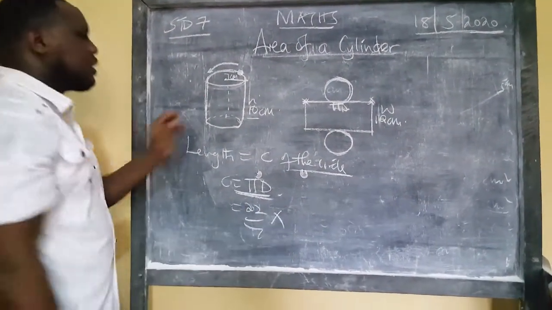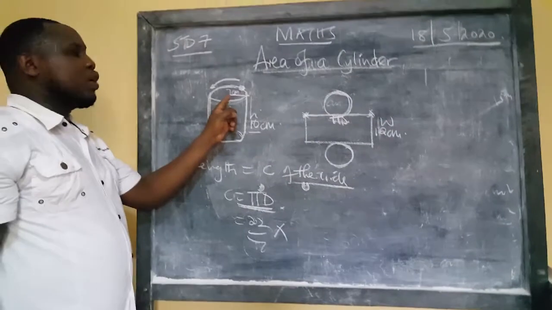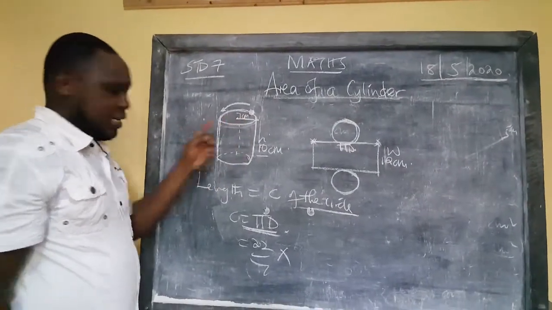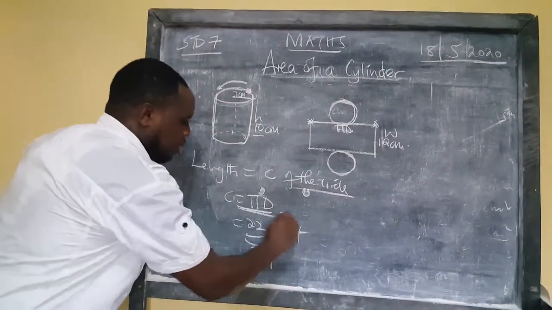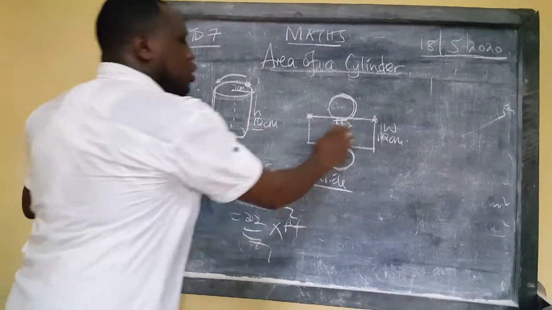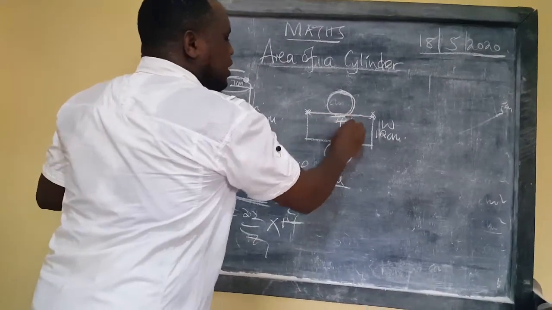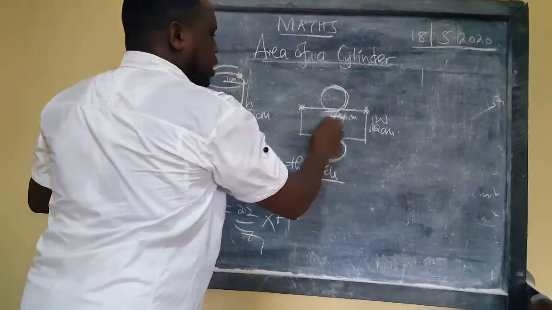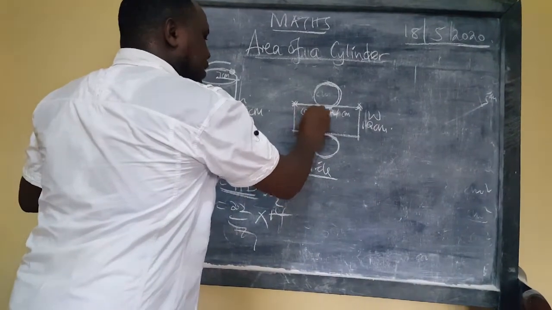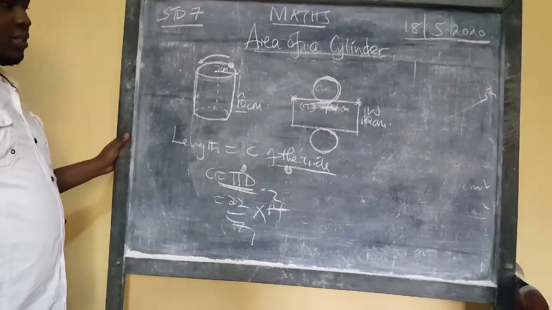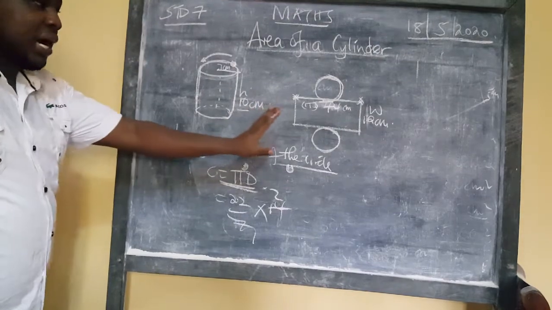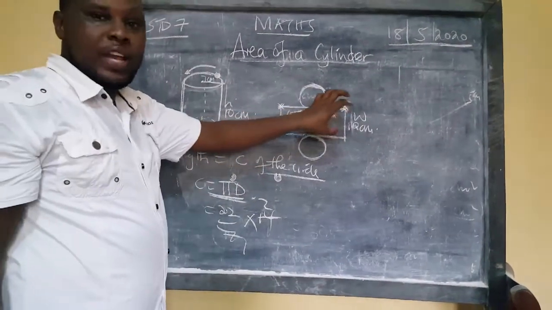The diameter, because this is radius 7, so the diameter is going to be times 2 to get 14. Times 14, that is going to be 44. So our length is going to be 44 centimeters, which is equivalent to the pi d. So we have now gotten the measurements of the rectangle.